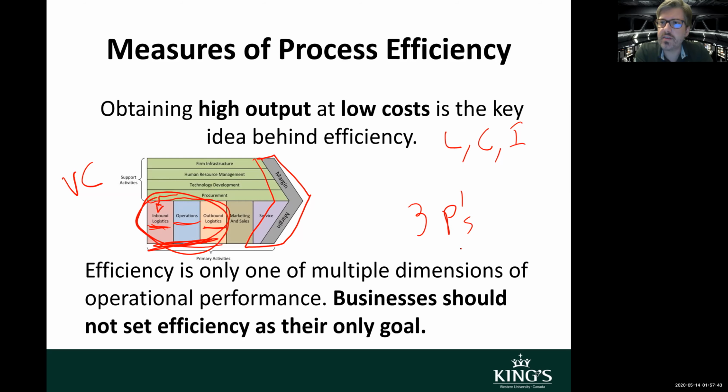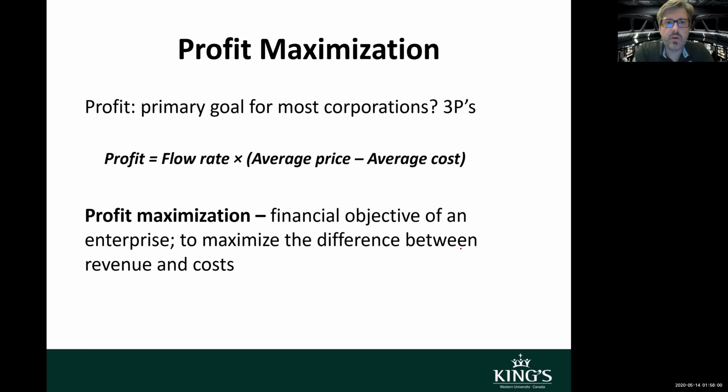And you should always think about having the most sustainable process in your company. So efficiency is by no means the single operational performance, should not be your single goal. There you go.